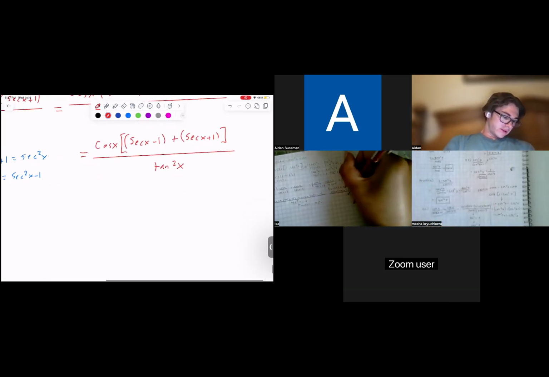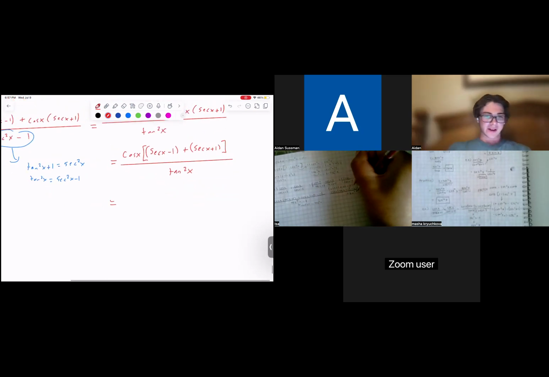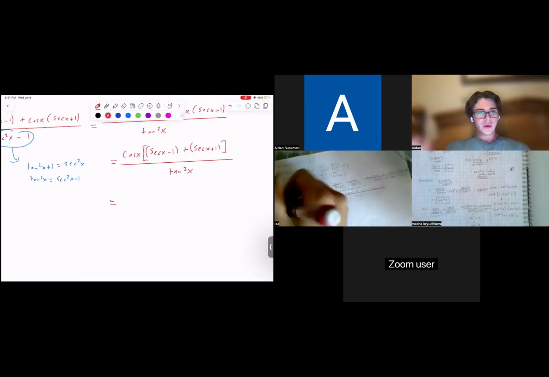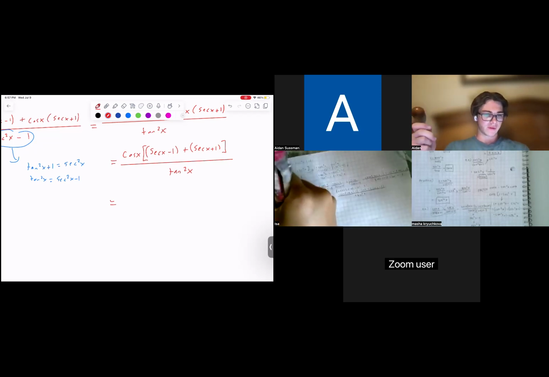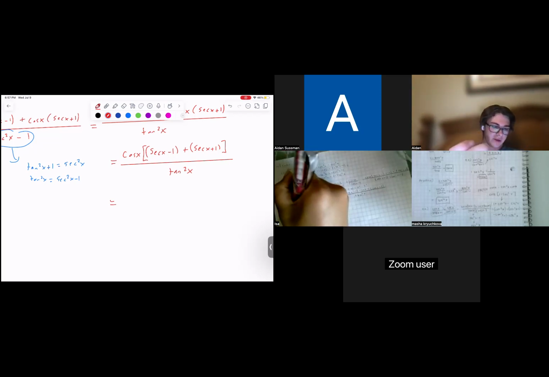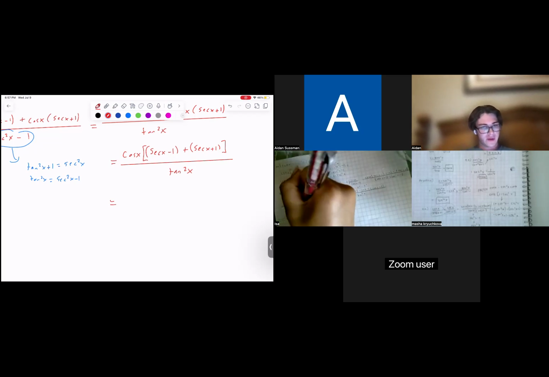All right, well, it's still messy, right? There's still a lot of stuff here, which usually means it's not simplified enough. What do we think we could simplify more? Do we see anything we can change? Well, let's go back to our tips. What maybe have we not tried yet?